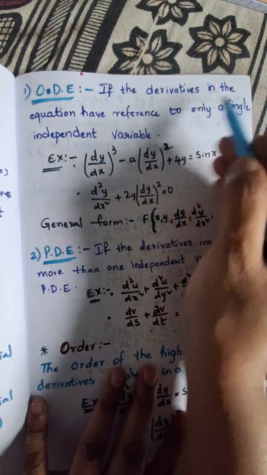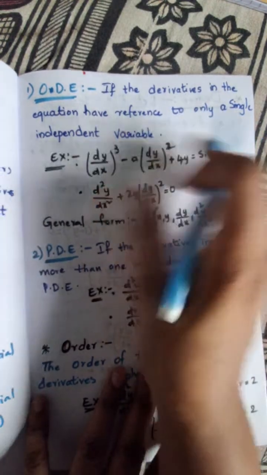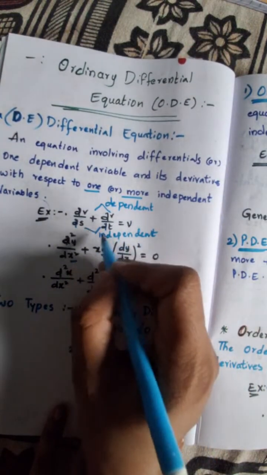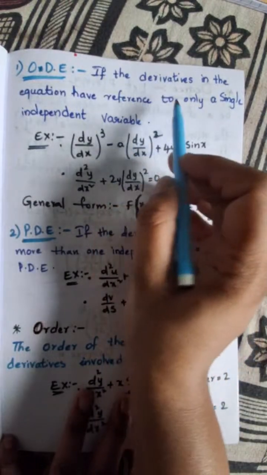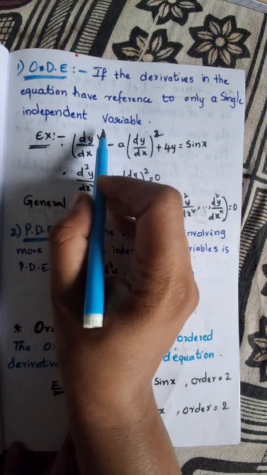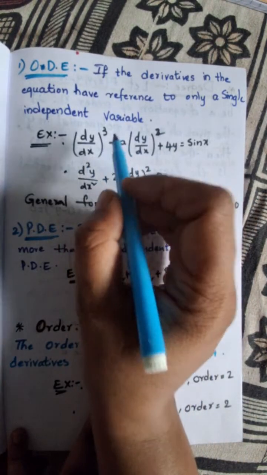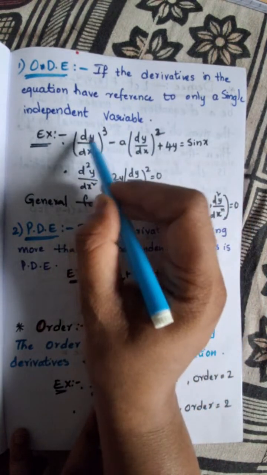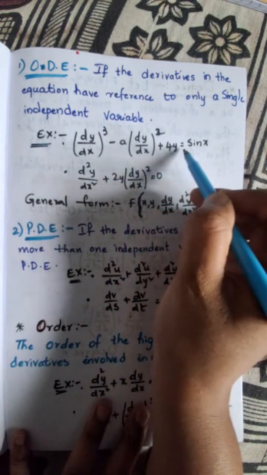If the derivatives in the equation have reference to only a single independent variable. First of all, we have to know what is independent and dependent. In the denominator the variables are independent and in the numerator the variable is dependent. So in the differential equation, reference to only a single independent variable, single meaning we should have only one variable. I have written two examples here: dy by dx whole cube, and dy by dx whole square plus 4y equal to sin x.